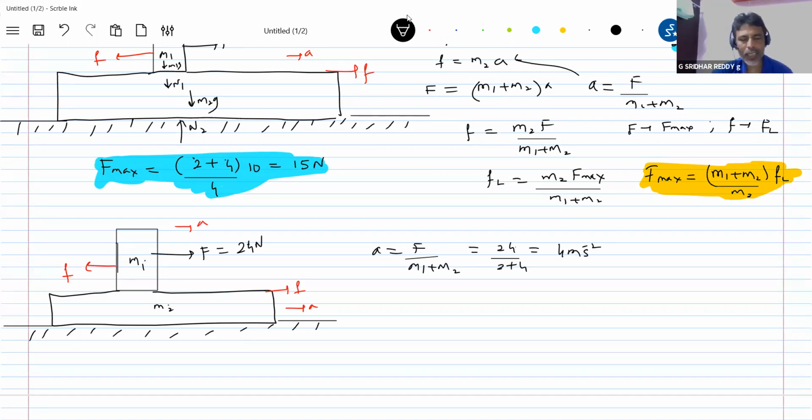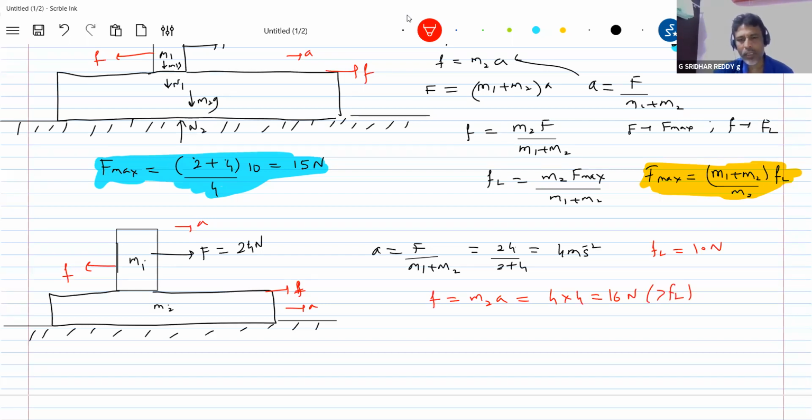Let's calculate the friction. The friction acting, is it static? We know the limiting friction is 10 Newton. Now F equals M2 into A. What is the value of M2? 4. Acceleration 4, so 16 Newton. But what we got here, the friction acting is greater than limiting.